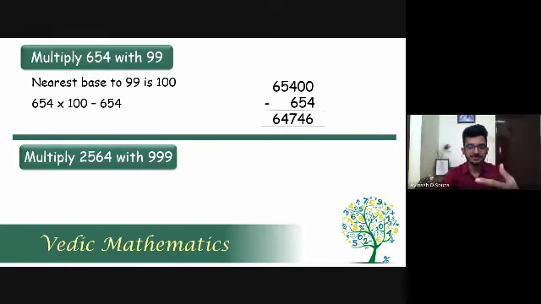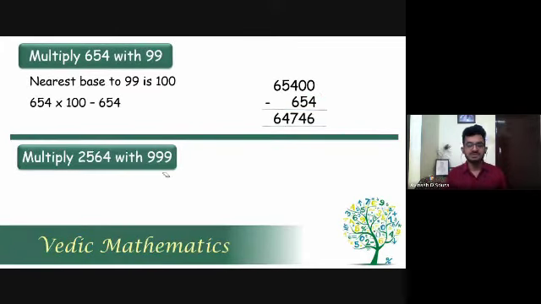Let me make it simpler in the next question. I believe you got the idea how exactly it works. Suppose you have to multiply 2564 with 999. Now we will avoid writing this. Without writing it, just by doing it in the mind, we will do the subtraction part. You know what the base for 999 is: it is 1000.